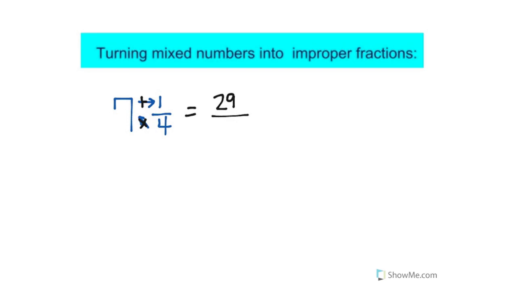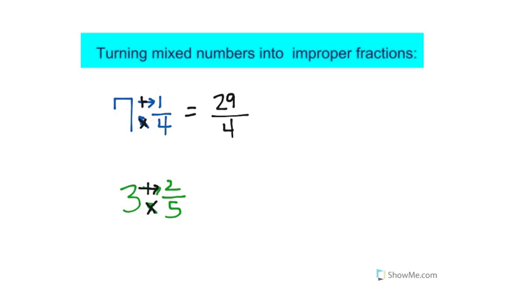Let's try another one. Let's do 3 2/5. Same direction. We're going to go around the world this way and then that way. All right, 3 times 5 is 15. 15 plus 2 is 17.